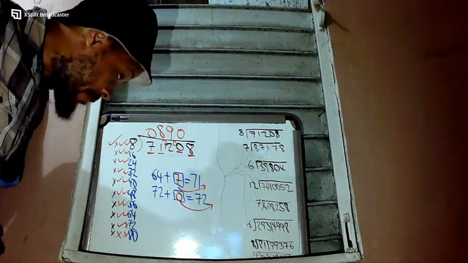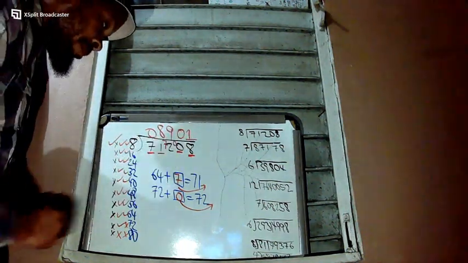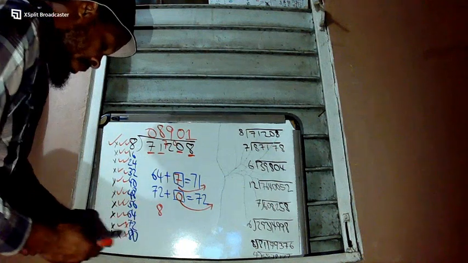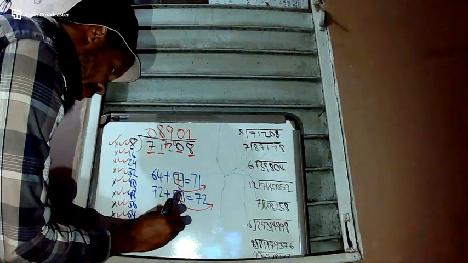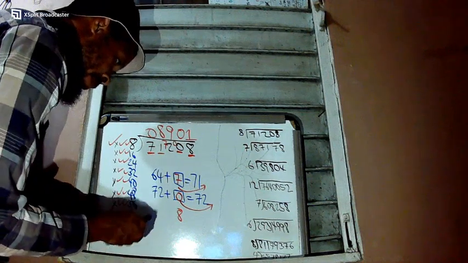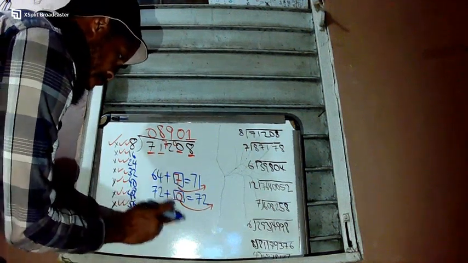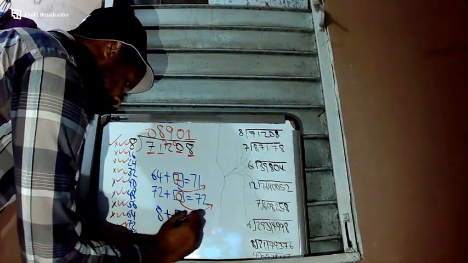And of course 8 is equal to 8, so we'll put 1 right there. Oh no, that's the wrong color, and that's even the wrong number too. 8 plus box is equal to 8.